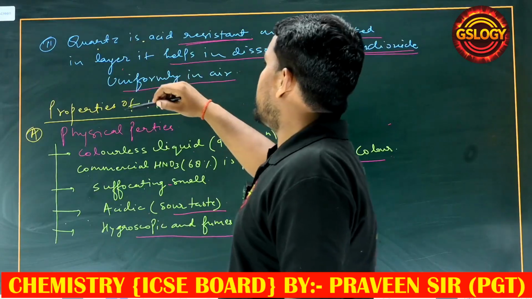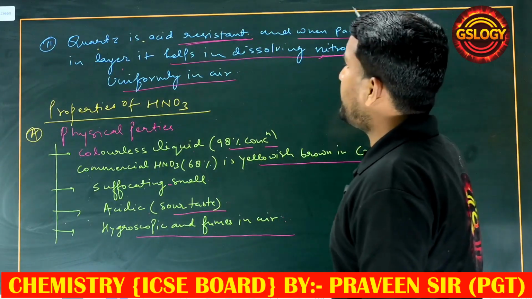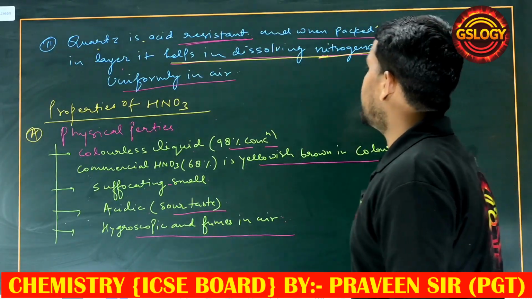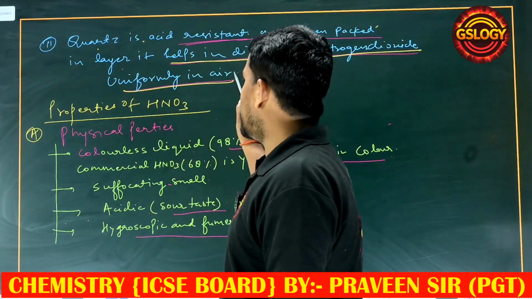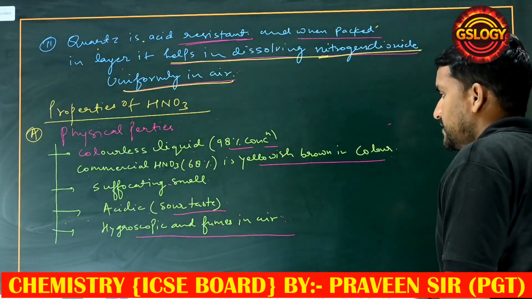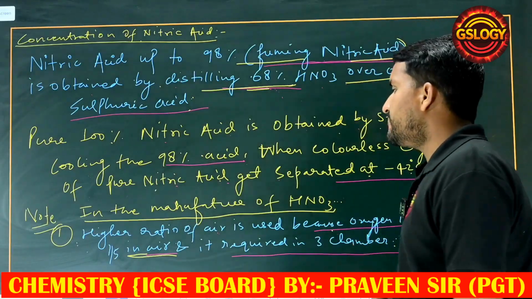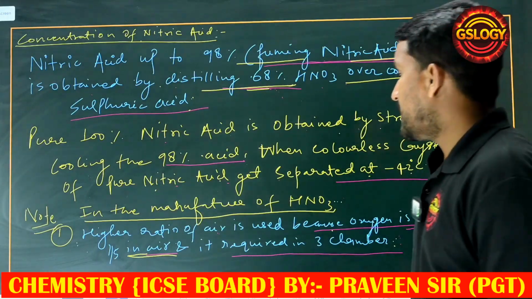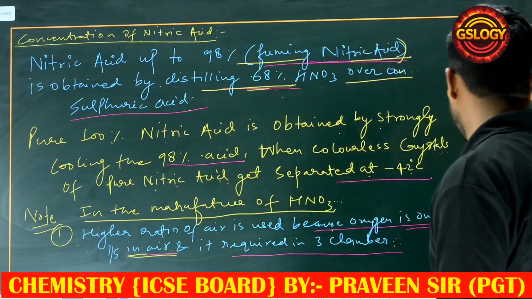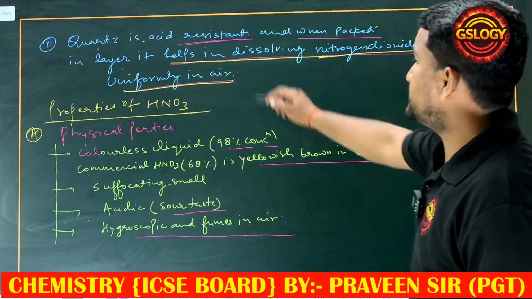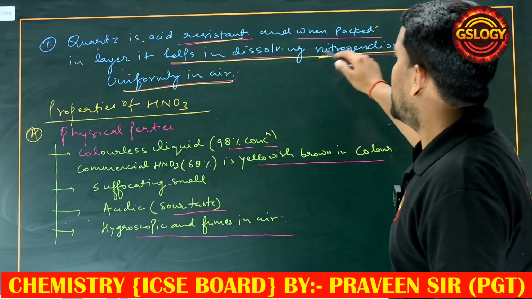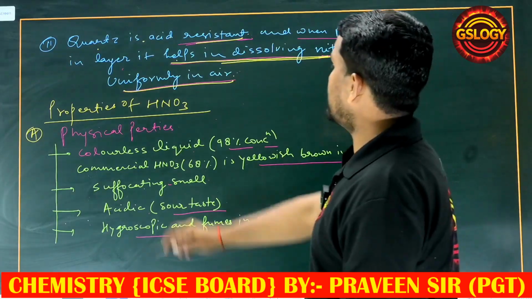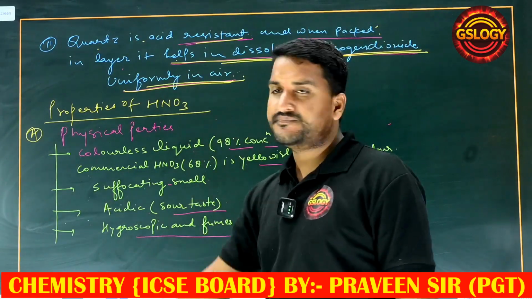Quartz is acid resistant, and when packed in a layer it helps in dissolving nitrogen dioxide uniformly in air.